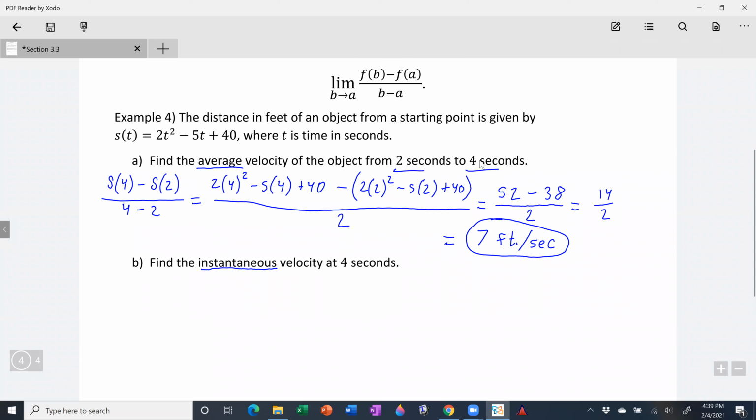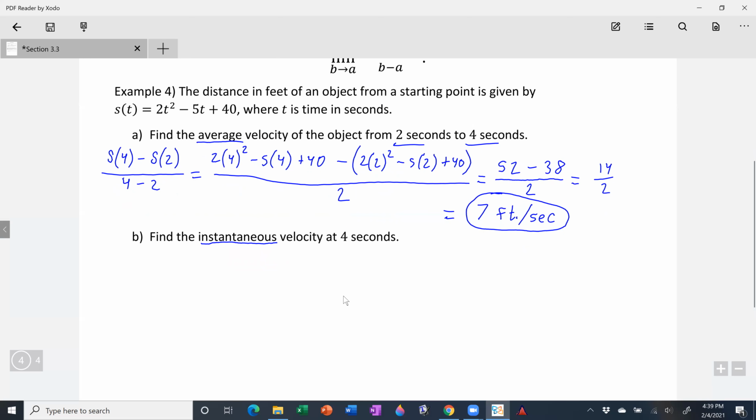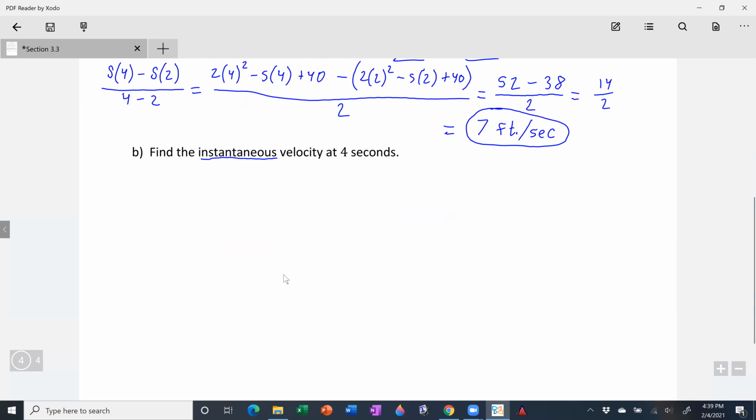If you worked out the slope between those 2 points and drew a line through it, that line would have a slope of 7. Okay, so good to keep that in mind, that the rate of change is really something you could think about as a slope. So let's find the instantaneous velocity now.